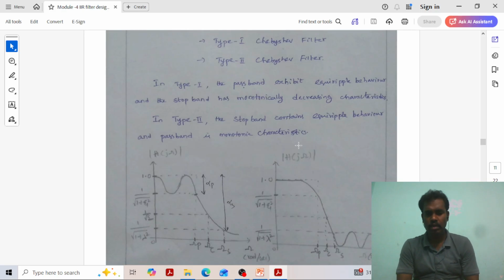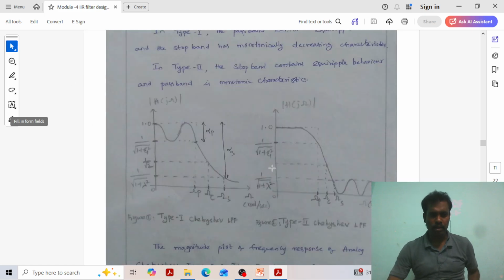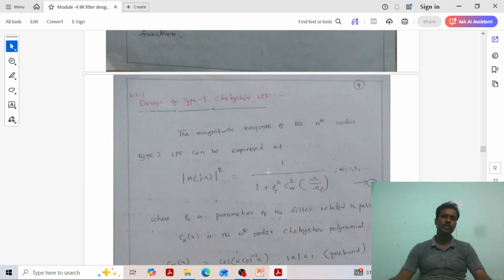So based on the oscillations occurring in the pass band or stop band, it is classified into type 1 and type 2. The rest of the characteristics are the same. We have to locate the pass band frequency, stop band frequency, and also cutoff frequency, pass band ripple and stop band ripple. Okay?